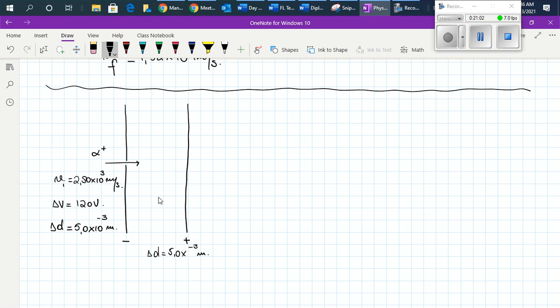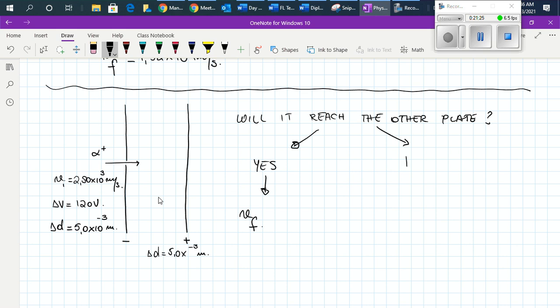Again, will it reach the plate, the other plate? If yes, what is the final velocity? If not, where is it stopping?